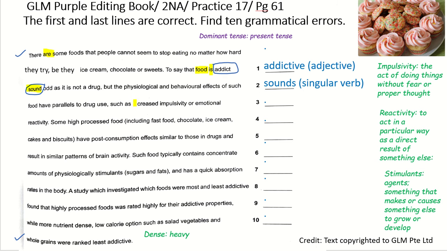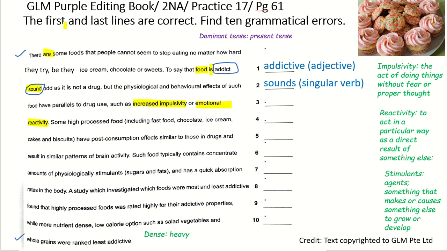I see that there is increased impulsivity, emotional reactivity. So these two things tell me that it shouldn't be all. What should it be? Okay, the screen blacked out. So that lets you think, what if it's not all? Then what should it be? Yep, it should be and.